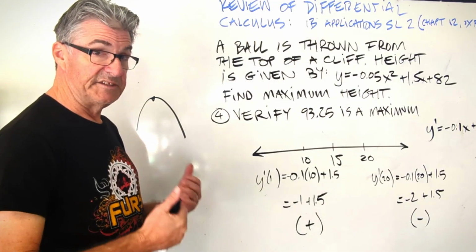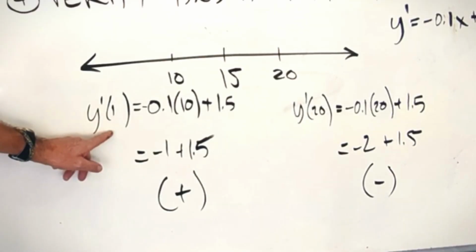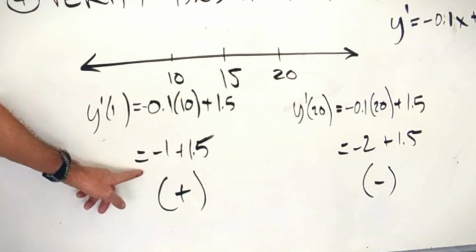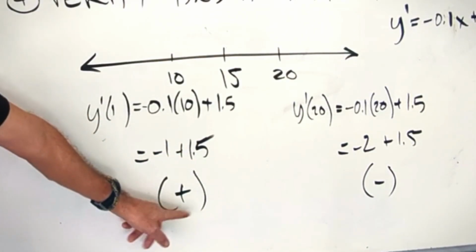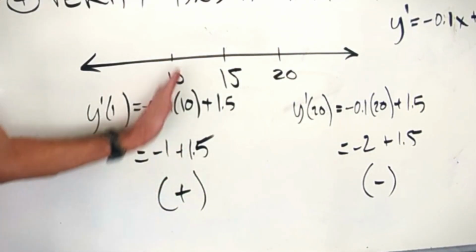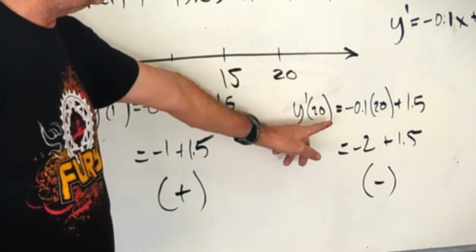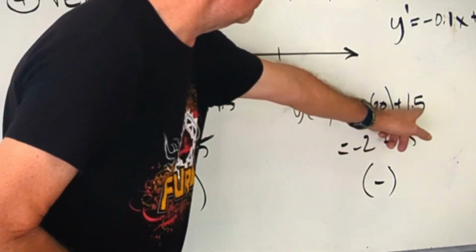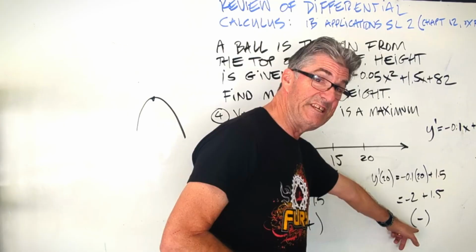Okay, let's check out and see how you did. So I'm plugging in my 10 in my derivative function. I crunch some numbers. I stop right here because I have -1 plus 1.5. I know that's going to be positive. So we know the function is increasing all the way up to 15. Good sign. And then finally, let's do y prime of 20. And we get 0.1 times 20 plus 1.5. Negative 2 plus 1.5. We know that's negative. So the function is decreasing.